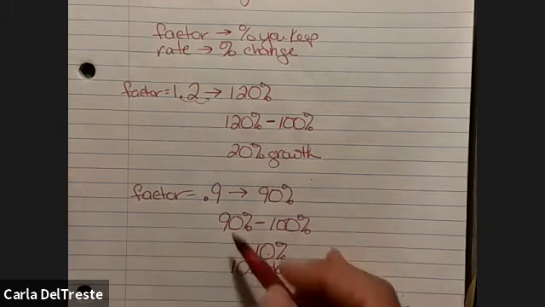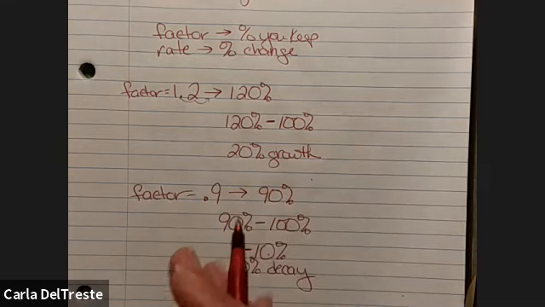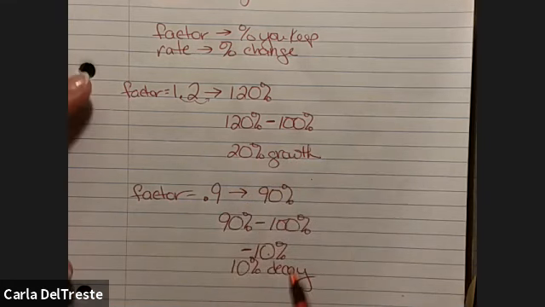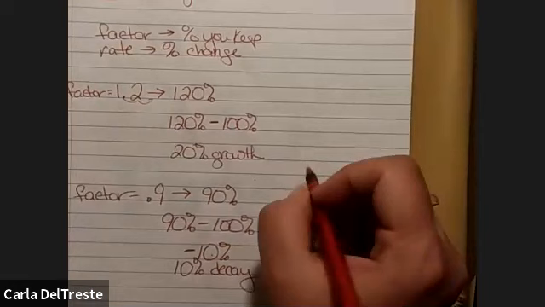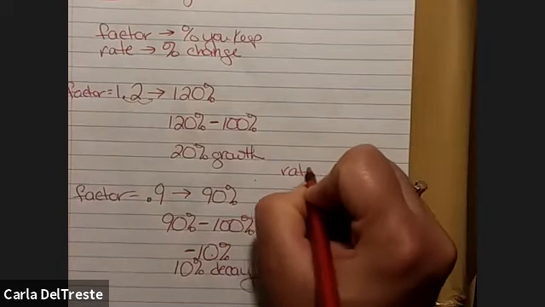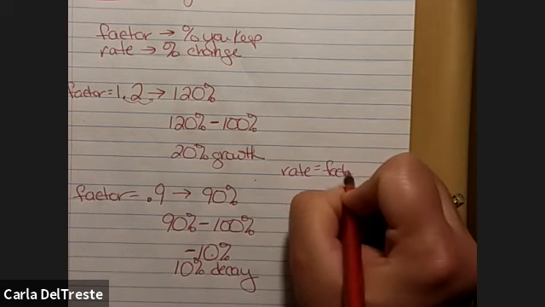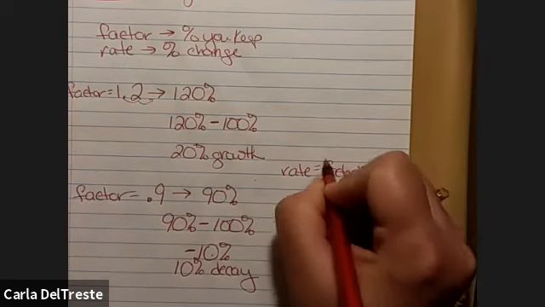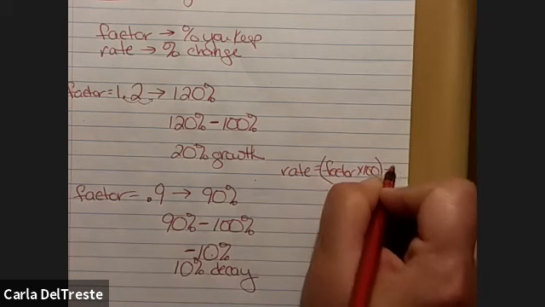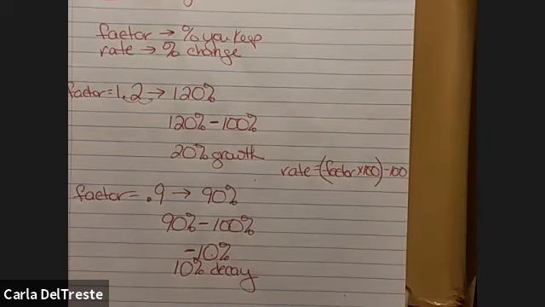I prefer that you kind of know this intuitively. That's why I'm doing it this way. If you want a formula for this, rate is always factor times 100, because we converted that to a percent, and then you take away the original 100%.